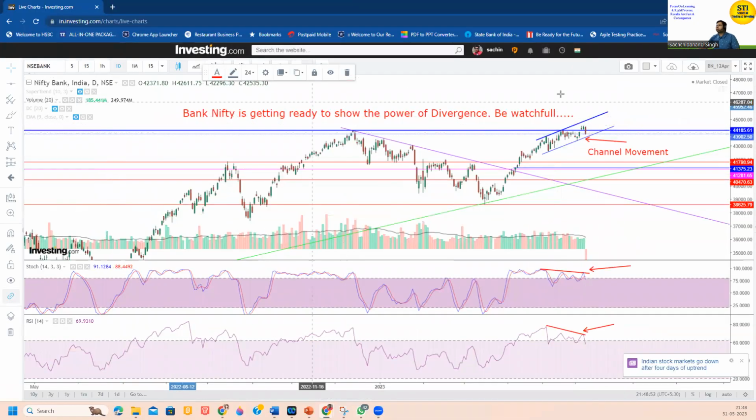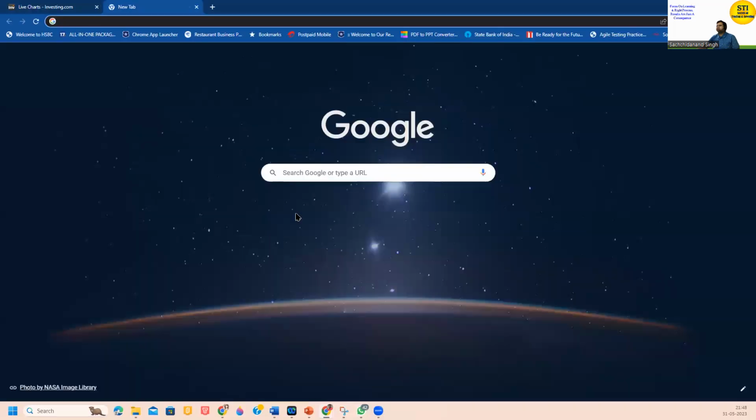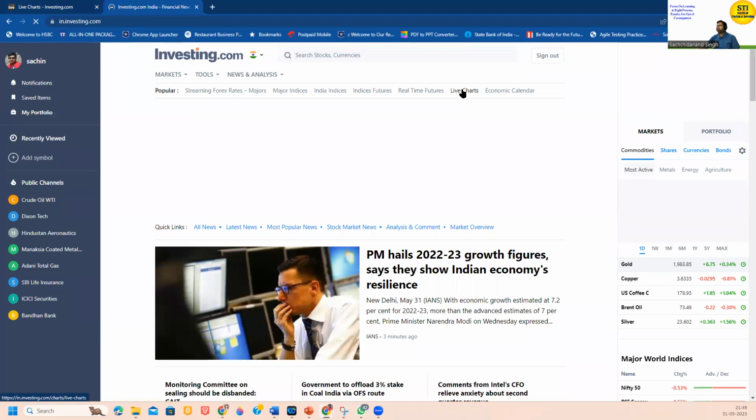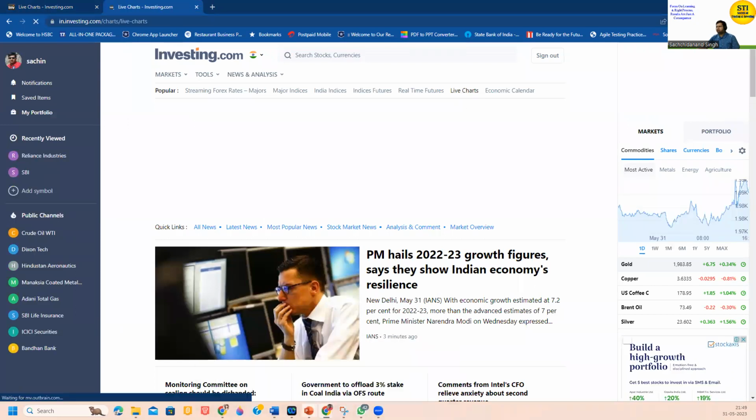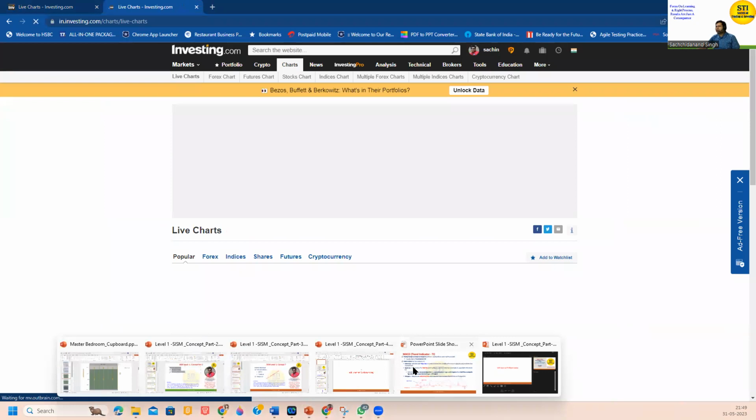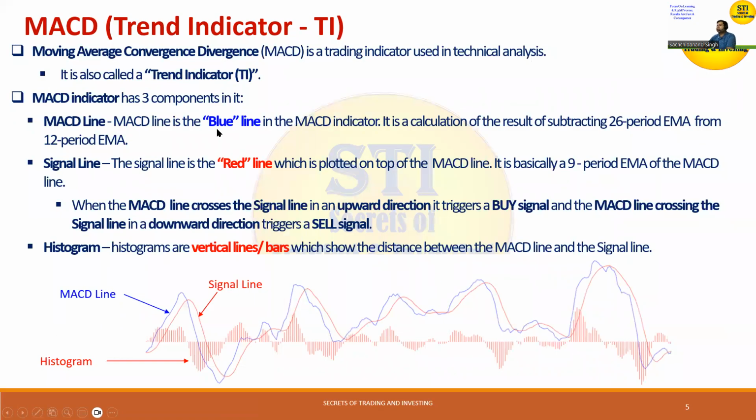Let's say I will open any plain chart. I think it says subtracting 26 from 9, is it? Correct. As per the theory, the blue line is calculated by subtracting the 26 period EMA from the 12 period EMA. If we have selected the daily chart, it is the EMA value of the last 26 days minus the EMA value of the last 12 days.